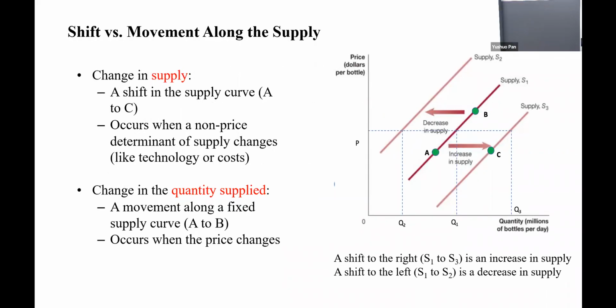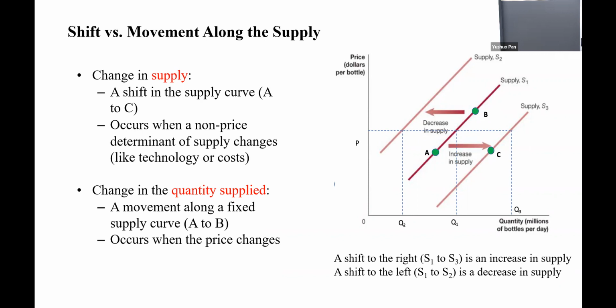Shifts and movement along the supply curve: this is the same as the demand curve. A change in supply means a shift in the supply curve, which means from point A to point C. A change in supply occurs when a non-price determinant of supply changes.